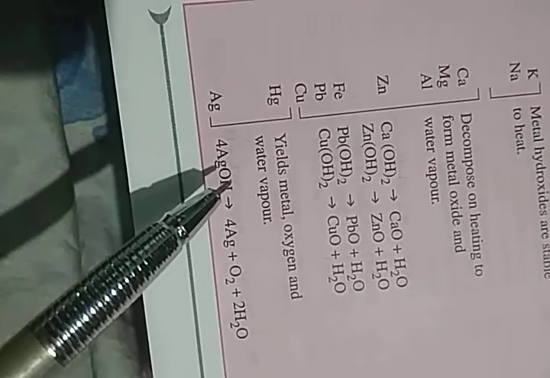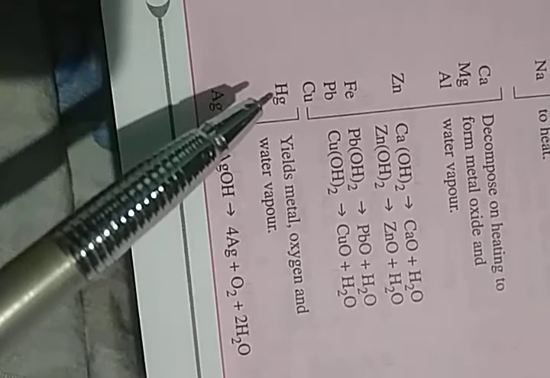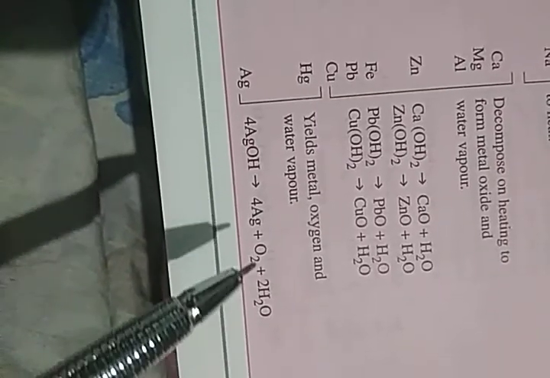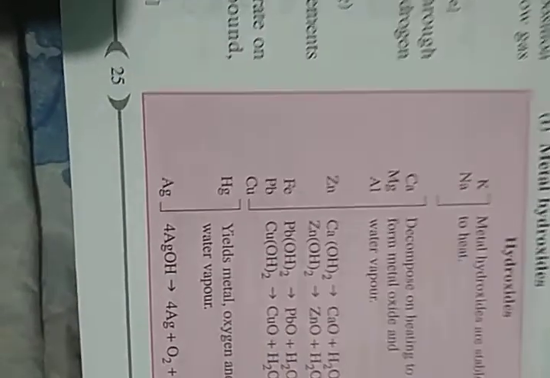Now what is the difference here? Here metallic oxide was formed, but in the case of mercury and silver, metal plus water plus oxygen is formed. This concept we should keep in our mind.